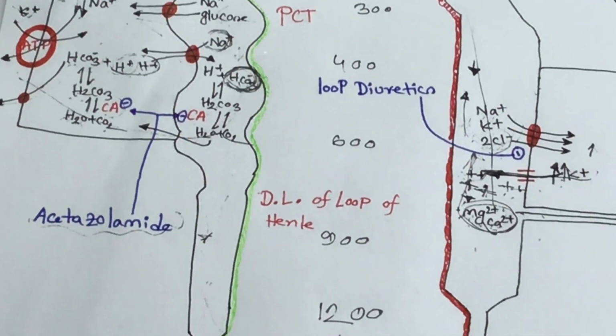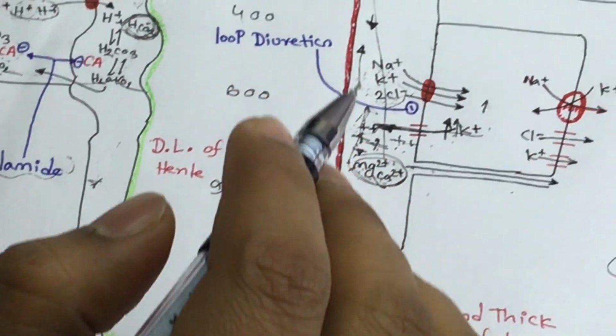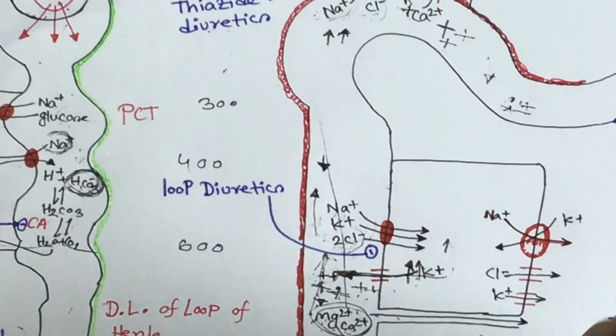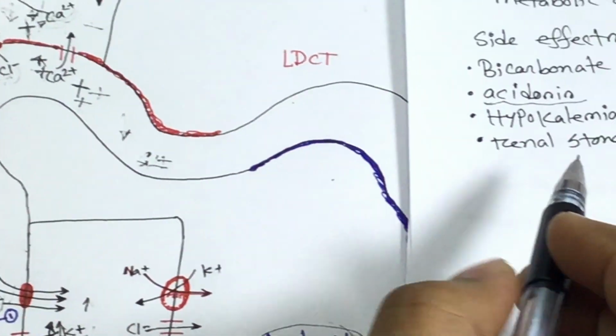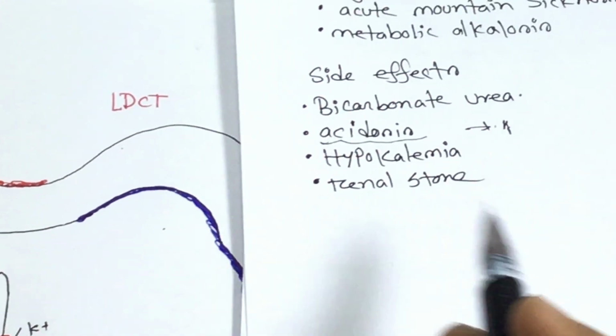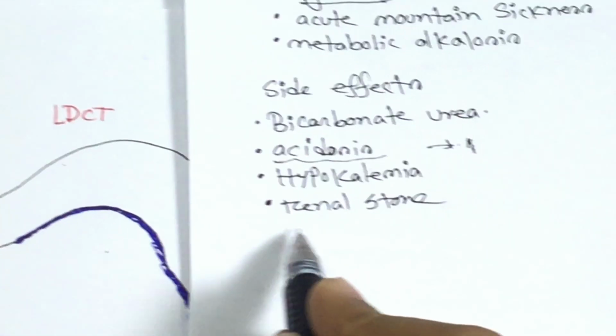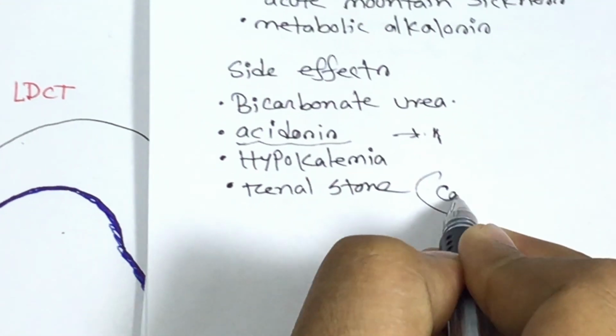So our tubular fluid will be alkaline, that will lead to the renal stone, that means calcium phosphate stone, because the tubular alkalinity will promote the calcium phosphate stone.